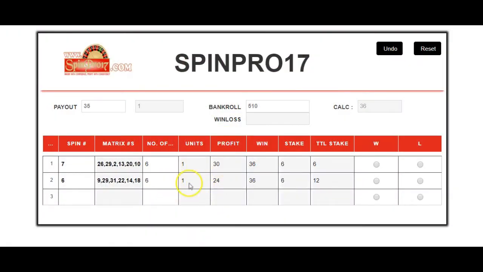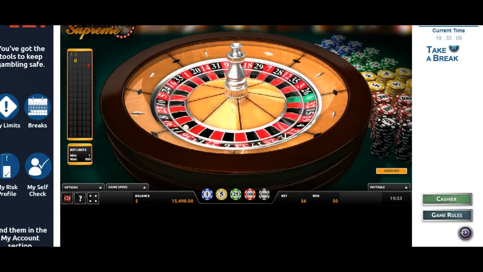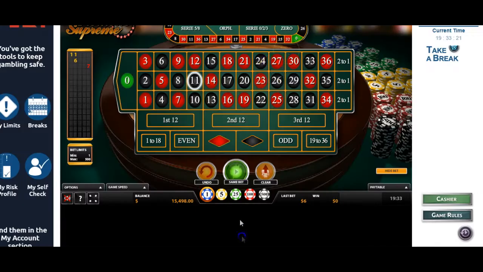This still says 1 unit is all you need to bet. So here we go. 11, had a miss. Not a problem. Oh, we forgot to put the L here, so your bankroll is counting down. Put in 11, and you had 34, 17, 25, and 27.